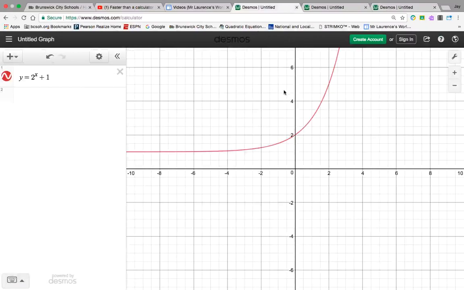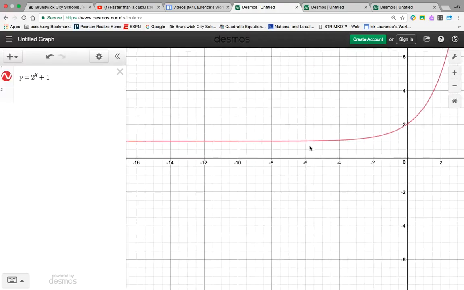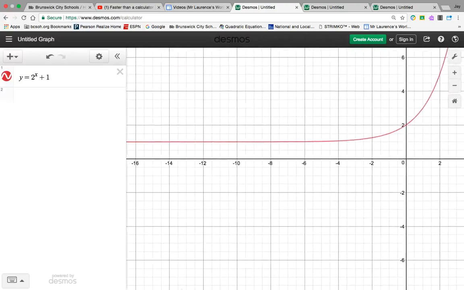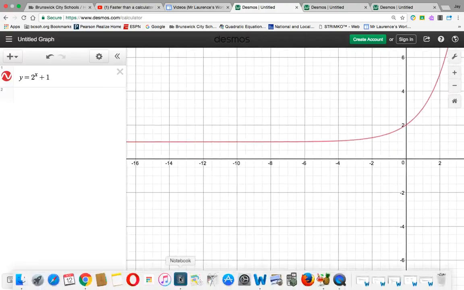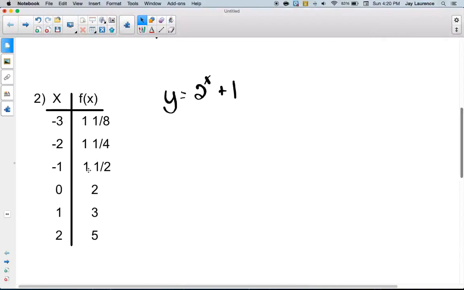Now, it looks like the same graph, only it's up higher. See, it's not approaching 0. And if you go back and look at the input-output table, look, it's not approaching 0. You got 1.5, 1.25, 1.125. Then you'll have 1 and 1/16, 1 and 1/32, 1 and 1/64. It's approaching 1.